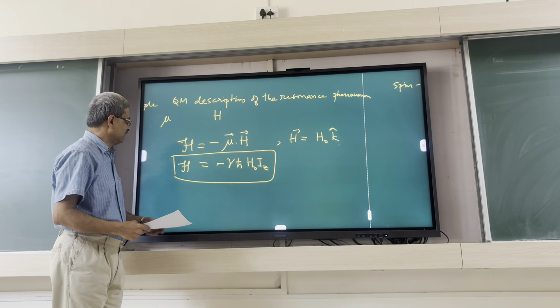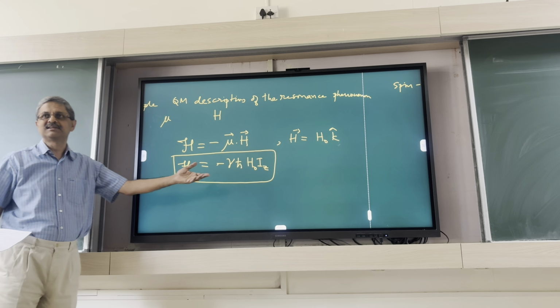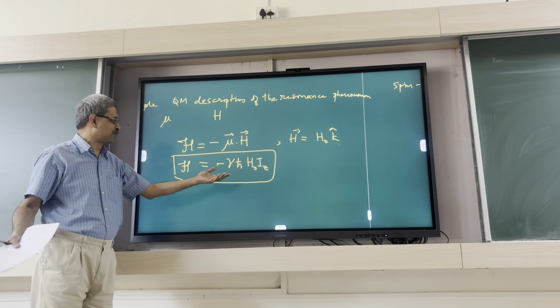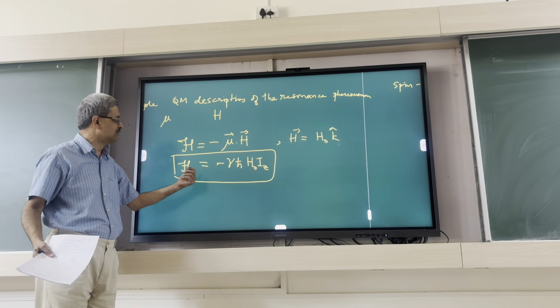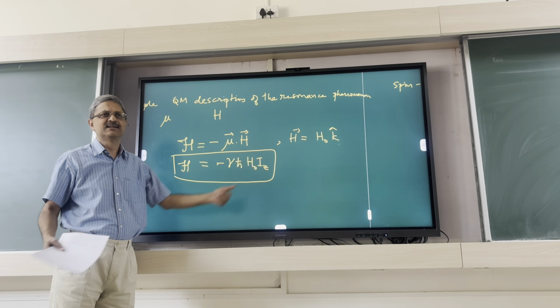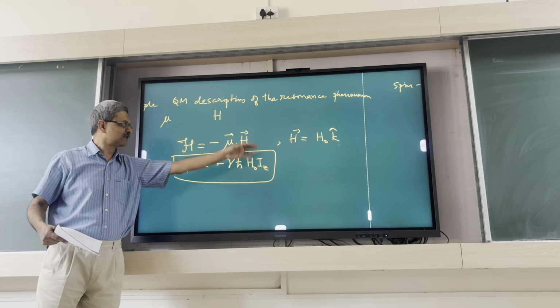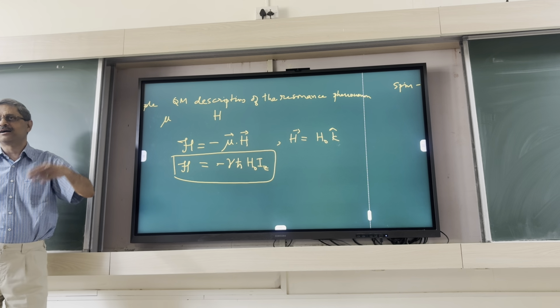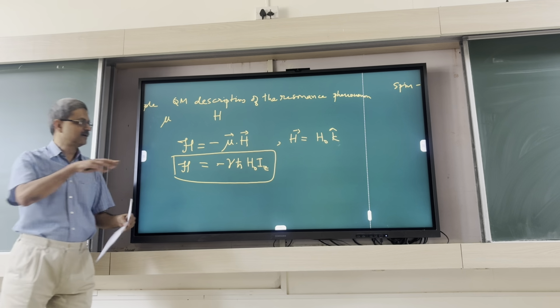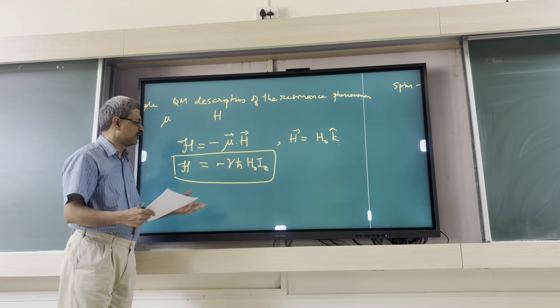If you want to know the energy levels, it's straightforward now. You just need the expectation value of I z. So for spin 3/2 you have 3/2, 1/2, minus 1/2, minus 3/2, and the energy level scheme is going to be exactly that.